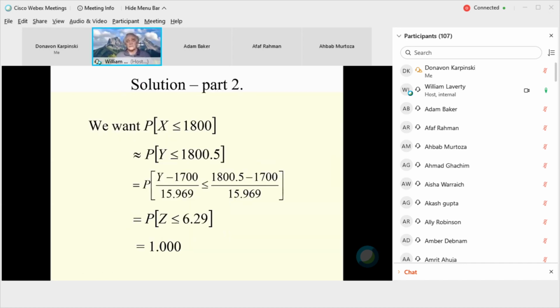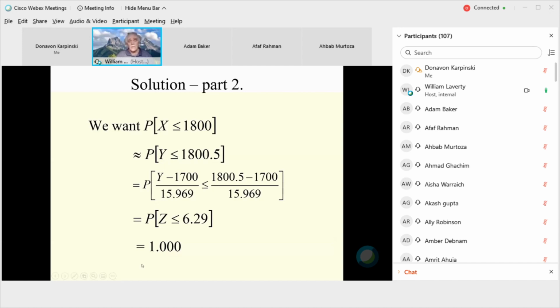The second part: probability X is at least 1800. If I was using the exact formula, I'd have to do it for 1800, 1801, 1802, up to 2000. So it's a lot easier to use the normal approximation, and the normal approximation will give you an answer that's almost correct.